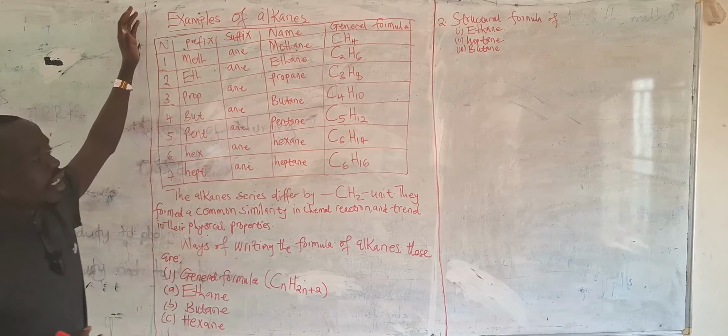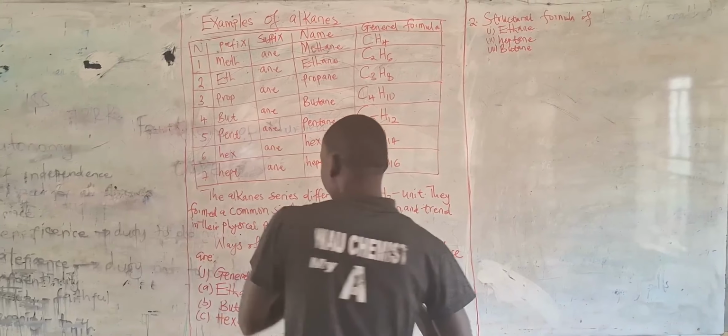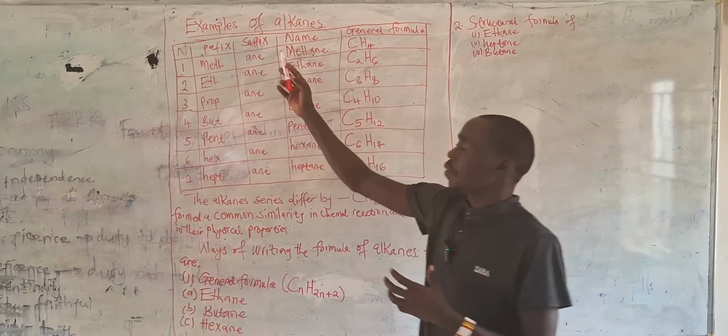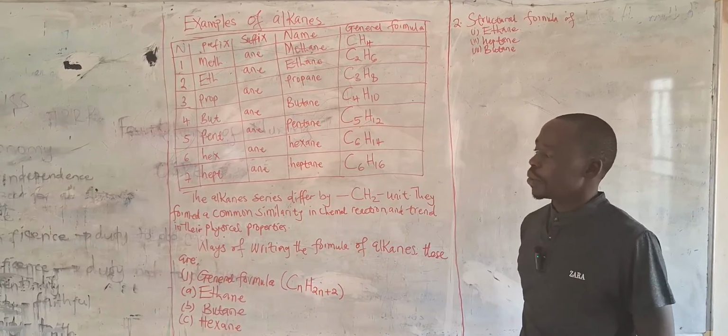Today we're going to talk about examples of alkanes. In the previous topic, we said that they are named using the prefix and what we call the suffix, and from there you get the name, then the general formula.